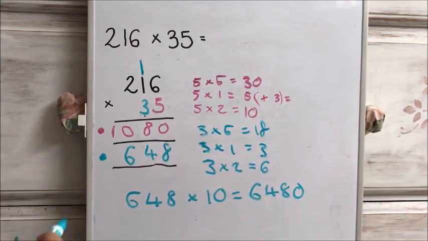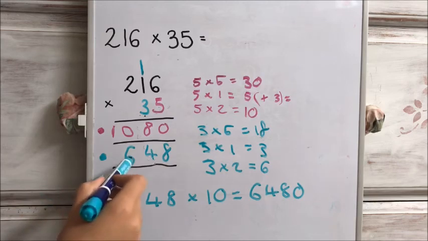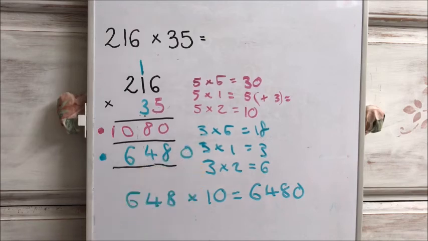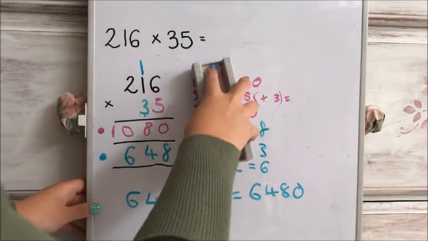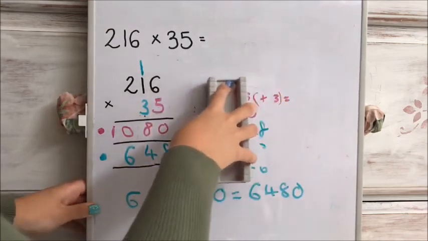So in actual fact, this row, instead of being 648, becomes 6,480, like so. But we can't have two answers to this calculation because that's way too confusing. So all we need to do is add our two answers together. So I'll just rub out this bit here so we have enough room to do our adding.